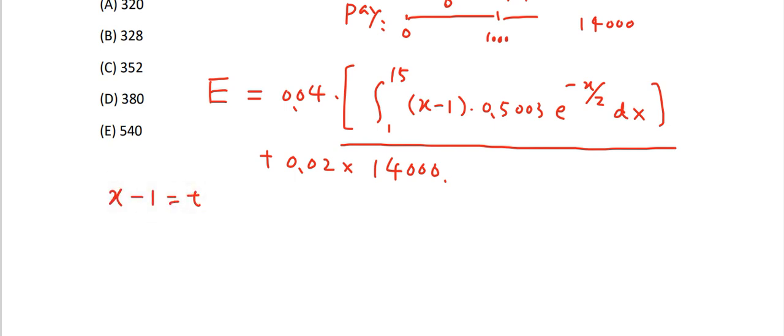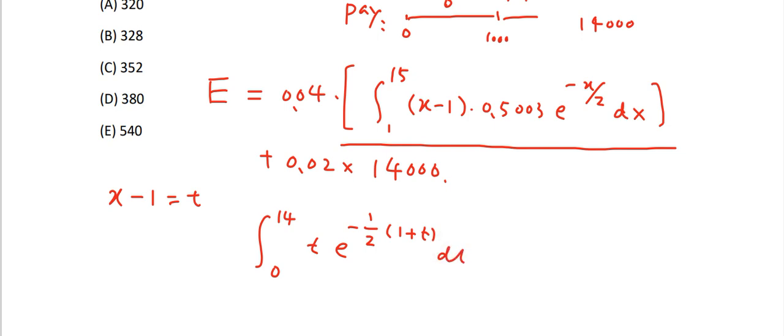So this integration becomes from 0 to 14, since x goes from 1 to 15, so t from 0 to 14. This is t, and this is e to the negative t over 2, with x being 1 plus t, dt.